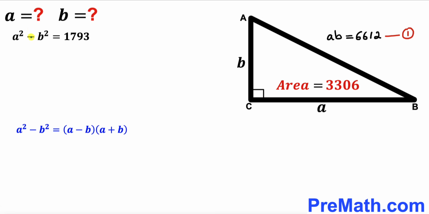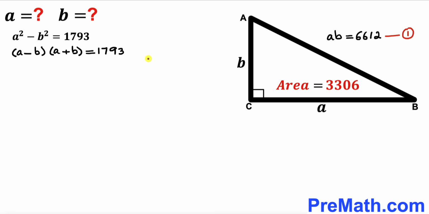We apply this identity on the left hand side, so the equation becomes a minus b times a plus b equals 1793. I'm going to label this as equation number 2.